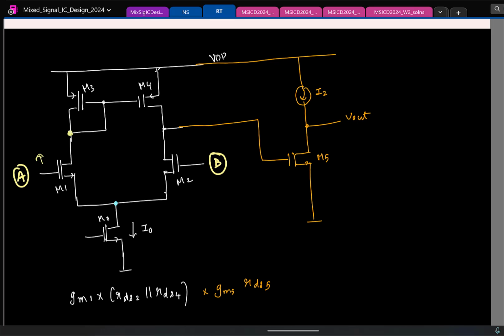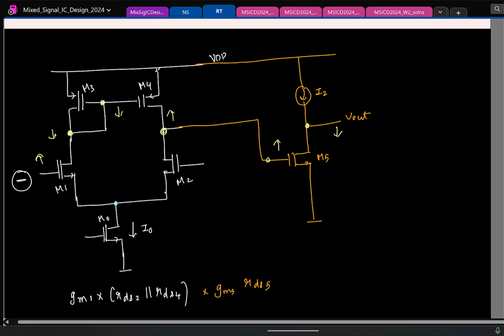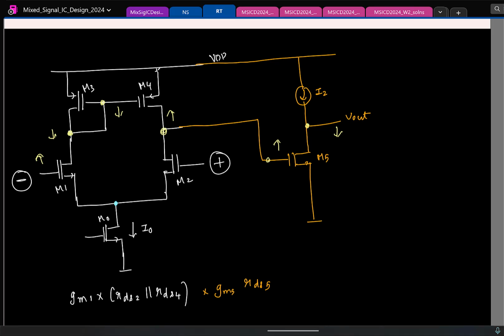So then what will happen to this voltage? Gate voltage increases, drain voltage decreases. So what is the negative terminal here? A is negative. So as usual, B is positive. Okay.